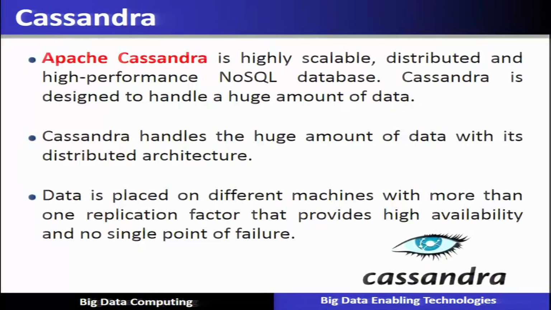Another database which supports the NoSQL data model is called Cassandra. Apache Cassandra is a highly scalable, distributed, high performance NoSQL database. Cassandra is designed to handle huge amounts of information, and it handles this huge data with its distributed architecture, which we will discuss in this part of the course.